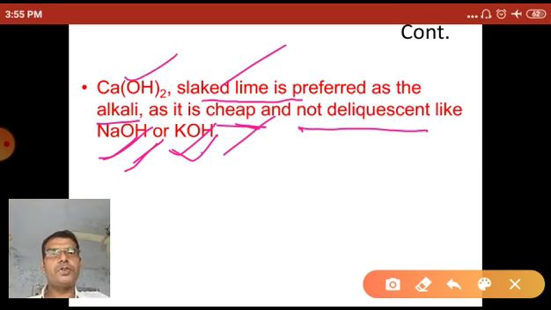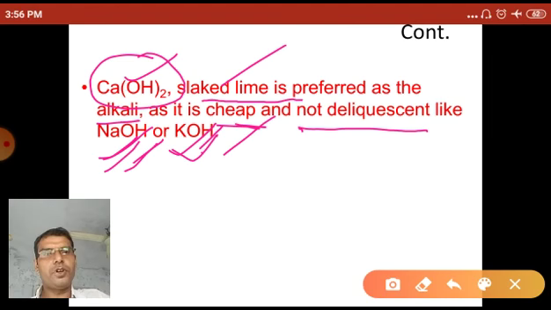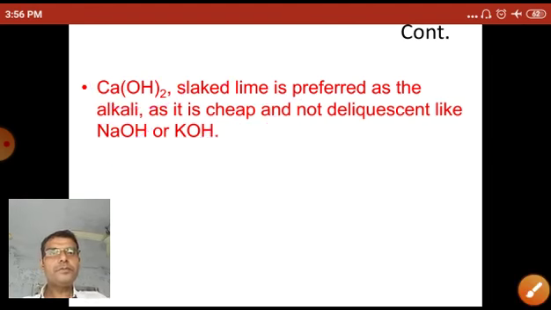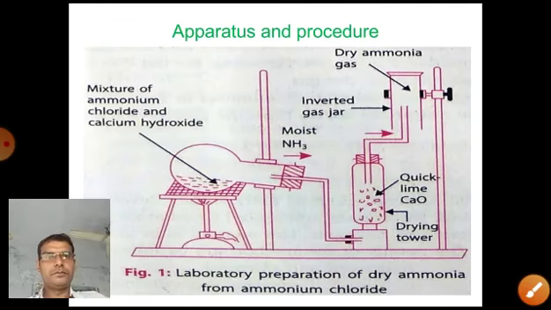Calcium hydroxide is not a deliquescent substance, but sodium hydroxide and potassium hydroxide are deliquescent. So we choose calcium hydroxide as the alkali for the preparation of ammonia through this method.